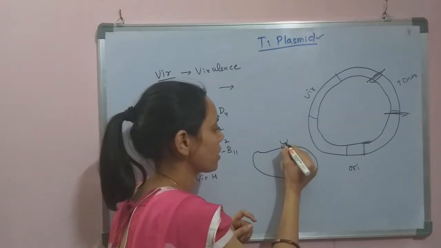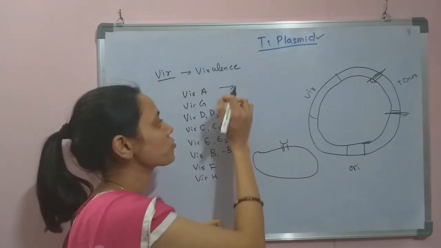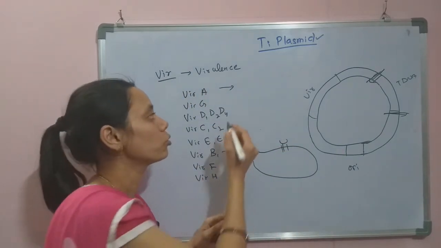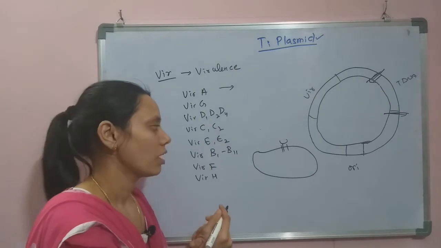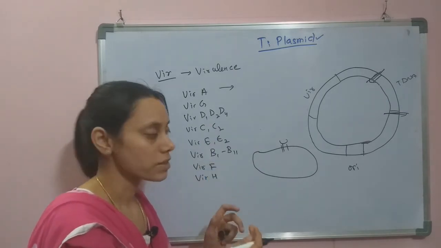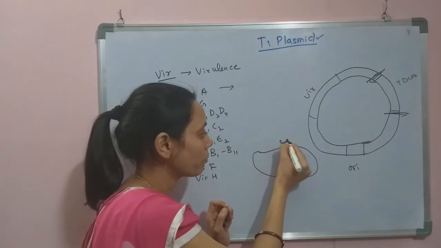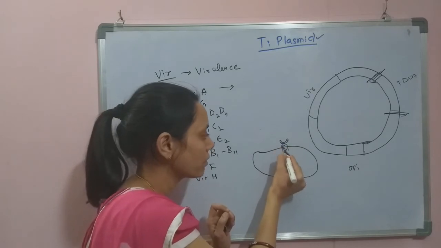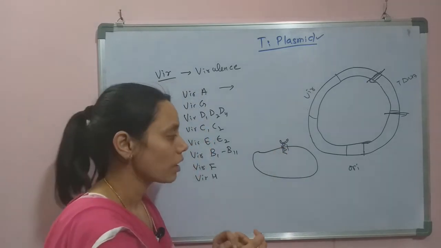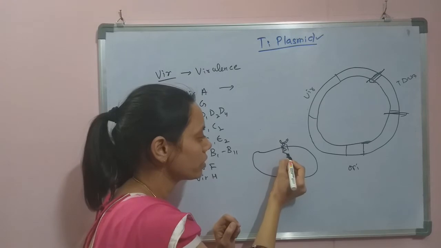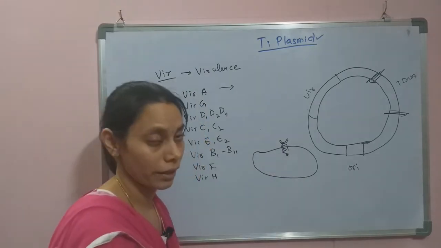That means this is a transmembrane protein, and this Vir A gene is basically a two-component receptor system. Towards the external surface there will be only the ligand binding site, and inside is the transmembrane region, and inside it is coupled with the response regulator.